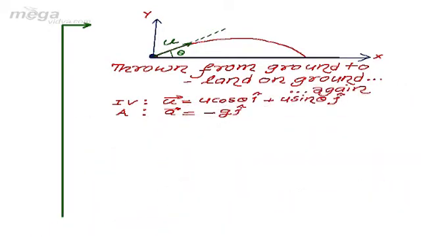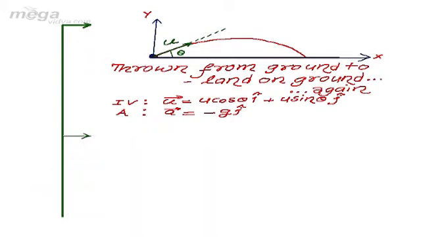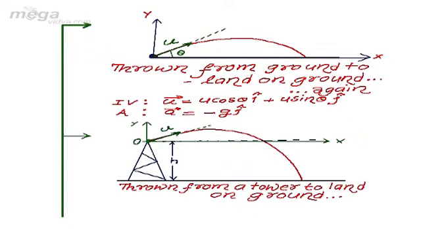In the second case, for the projectile, we are considering a particle which has been thrown from some height above the tower. Students, in the second case, I have taken an example in which a projectile is thrown from a certain height h above the ground.